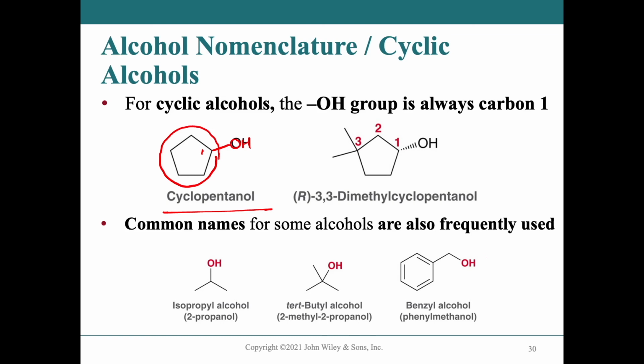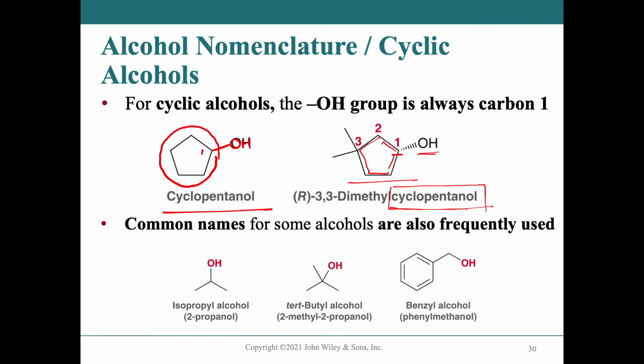So here we have cyclopentanol again, because we have a cyclopentane and it's attached to an alcohol, so that's already a cyclopentanol as your parent name, and it's already on number 1, so of course you don't have to put a 1 in front of the cyclopentanol.